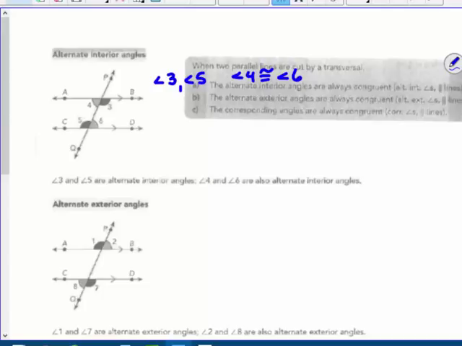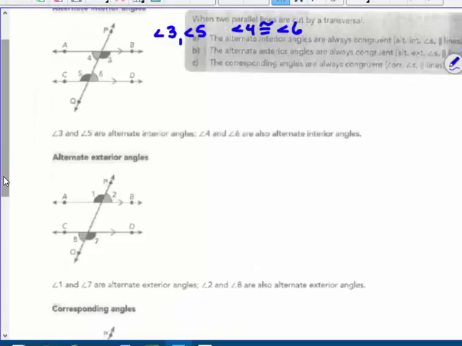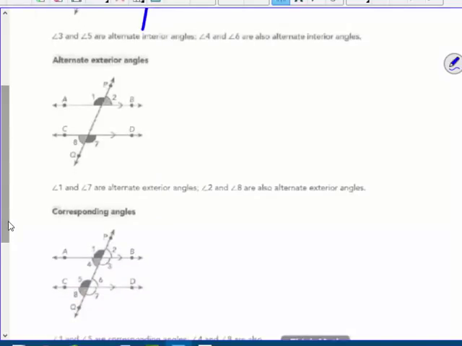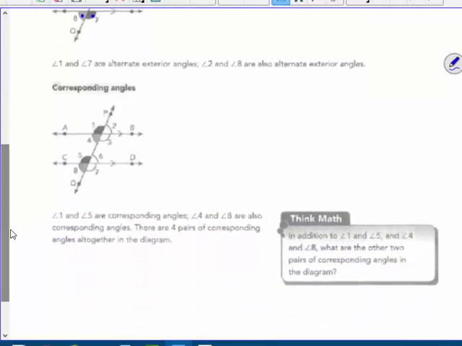The alternate exterior angles are also always congruent. The alternate exterior angles are 1 on the left and 7 on the right, or 2 on the right and 8 on the left.